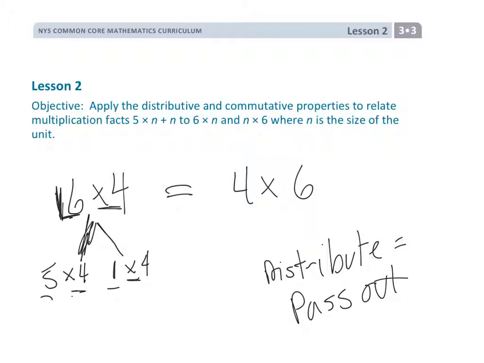This is 20. This is 4. 20 plus 4 is 24. Which is the same as 6 times 4 being 24. So we're going to be doing some problems looking at both of these properties, the distributive property and the commutative property.